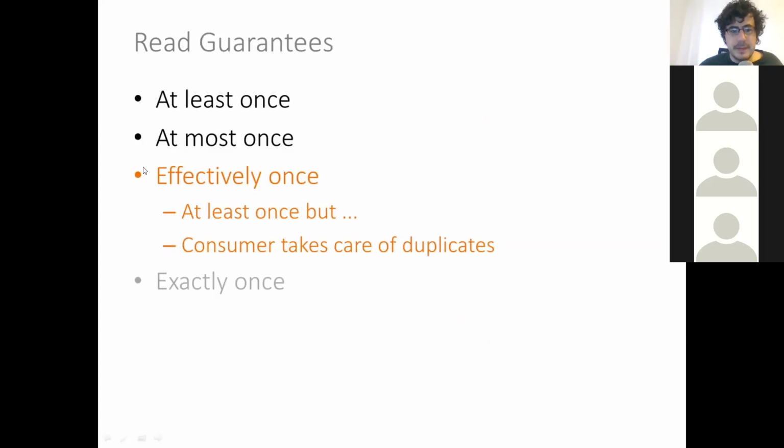Okay, so there are some other types of read guarantees that we can have. There is one called effectively once, which is maybe intuitive. When we saw the first guarantee, we might have thought, why can't the consumer detect the duplicates, which they can. So it's at least once, but the consumer takes care of duplicates.